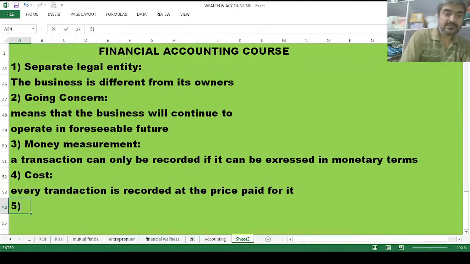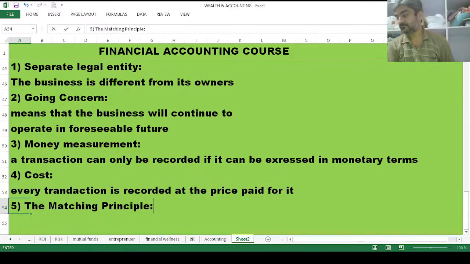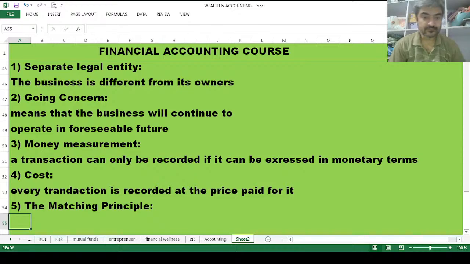The next concept is the matching principle. A significant relationship exists between revenues and expenses. Expenses are incurred for the purpose of producing revenue.